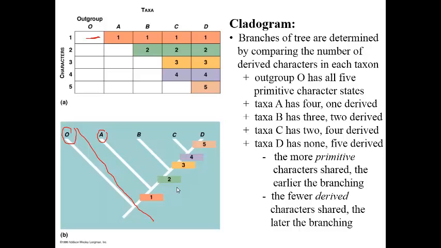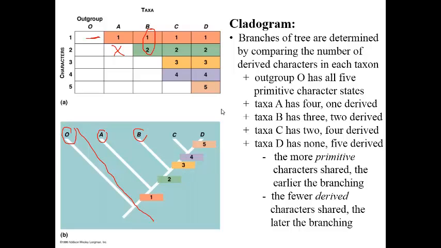Character 2 is going to be the character that every species has except for species A. Species B is going to be the species that only has characters 1 and 2. And then we continue this all the way up our cladogram.